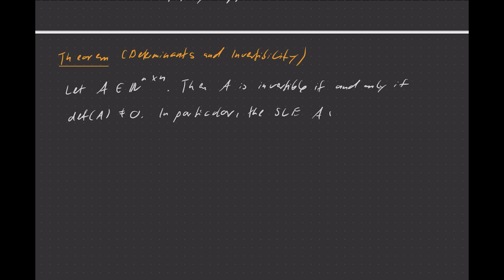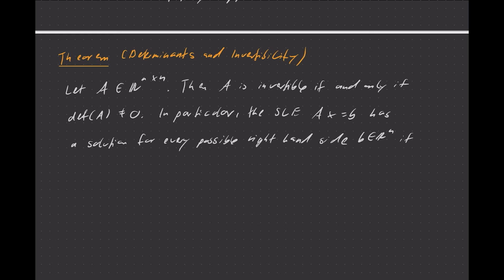So the SLE Ax equals b has a solution for every possible right-hand side b if and only if the determinant of A is not 0.